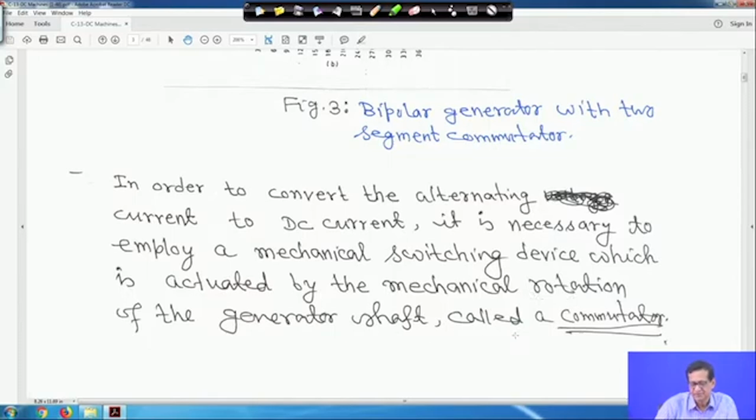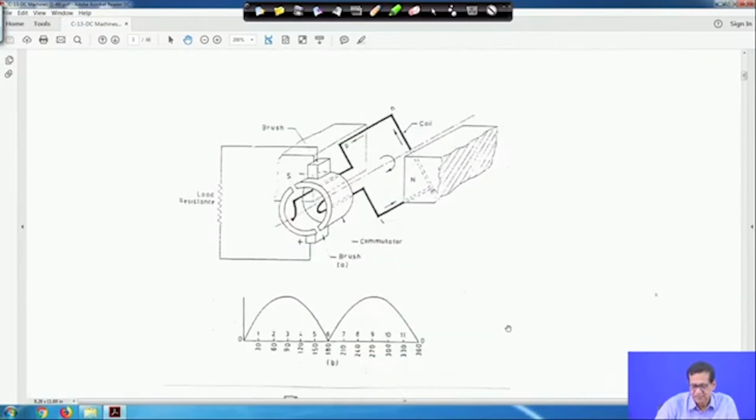This is called a commutator. In this case, this is some instant, and this is the position of the coil, this is NP and this is LM, the back side of the coil. Suppose this point is A, this segment and this segment is B; these two are the commutator segments.